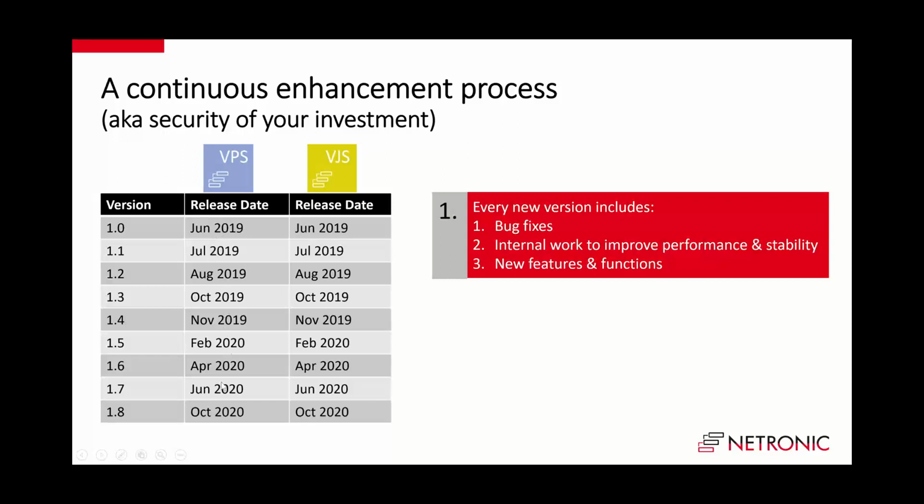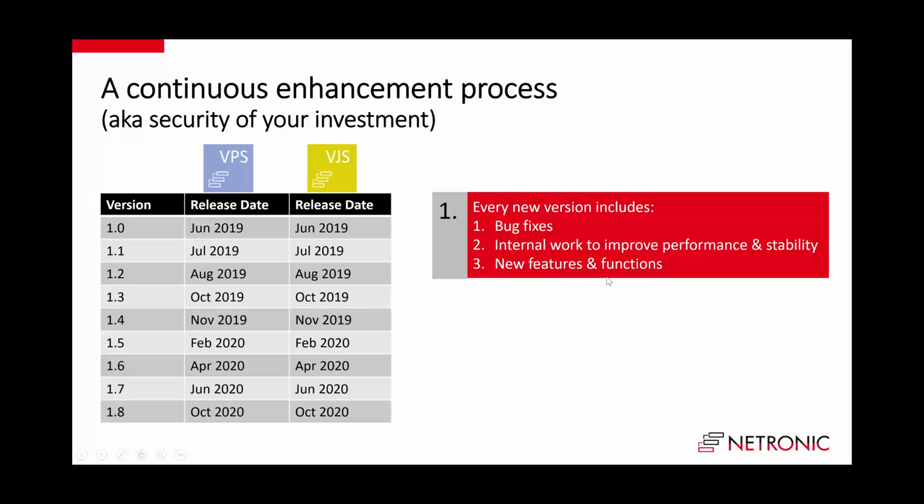And every new version that we have shipped since June last year always contains 3 things. There are bug fixes. We do always internal work to improve performance and stability. So both of this more or less happens behind the scenes. But then every new version includes new features and function.